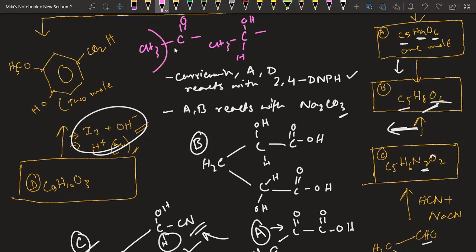This CH3 breaks, forming what? After it is broken, it forms CI3 by replacing each of the hydrogens. Sorry, this is actually CHI3. Yeah, CHI3 will be formed.